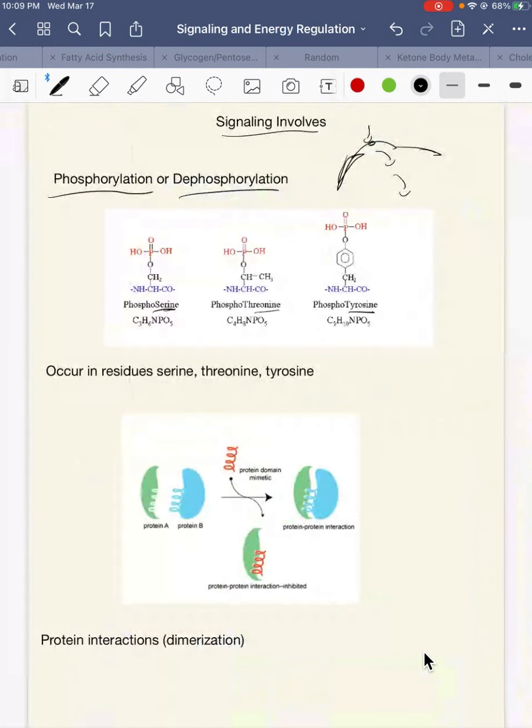This is important for the MCAT as well if you're studying for that, to know what three amino acids get phosphorylated. So you can have phosphorylation, dephosphorylation. You can also have protein interactions. This usually occurs with dimerization. So you have like protein A, protein B, and when they interact, they dimerize. This can activate another part of the signaling cascade. Okay.